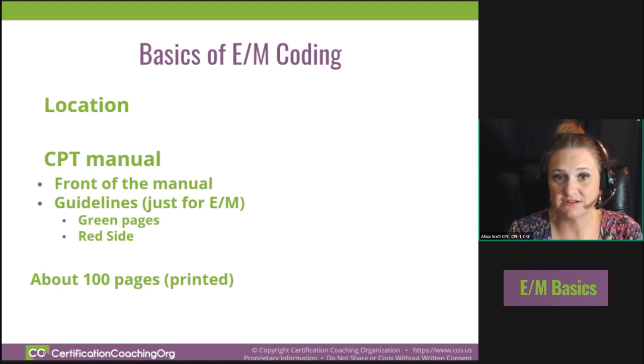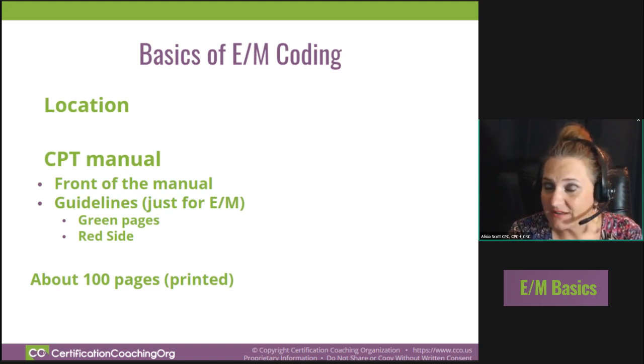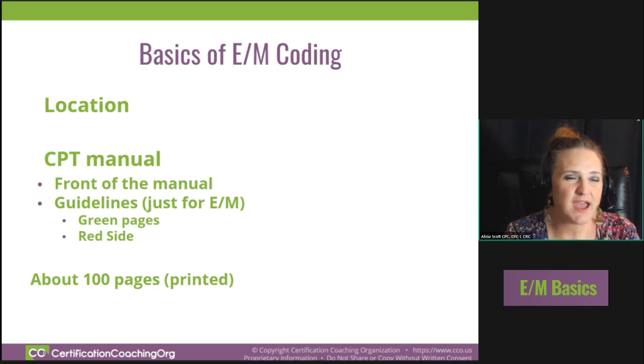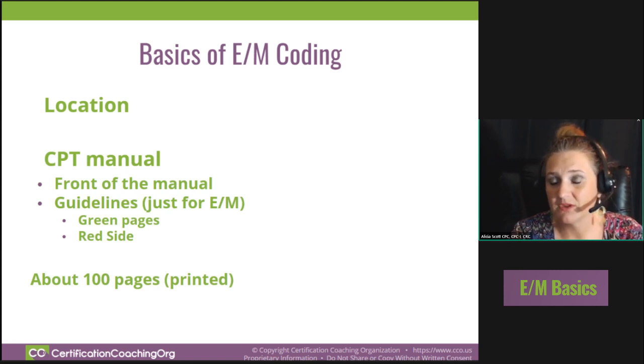Because you go to 99 codes, but they're not there. They're at the front. And if you wanted to divide it up into categories or even alphanumerically, E&M doesn't fit that, so it seems odd, first off, that your E&M codes are at the beginning.